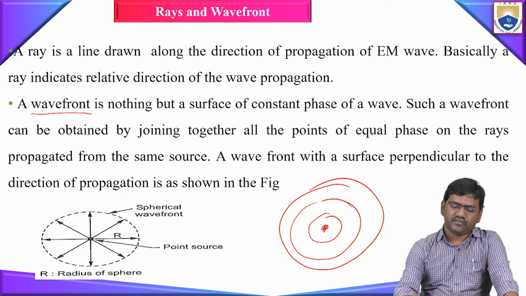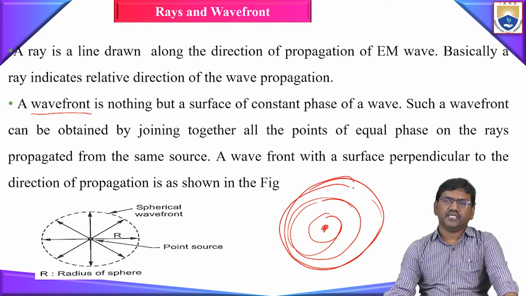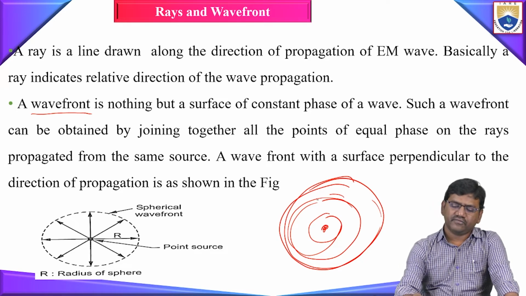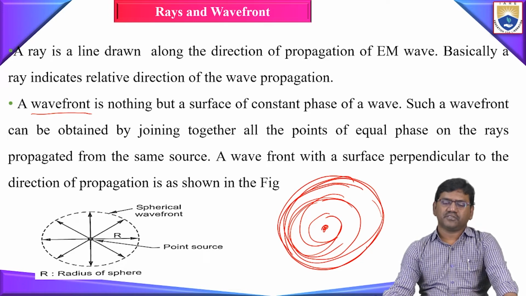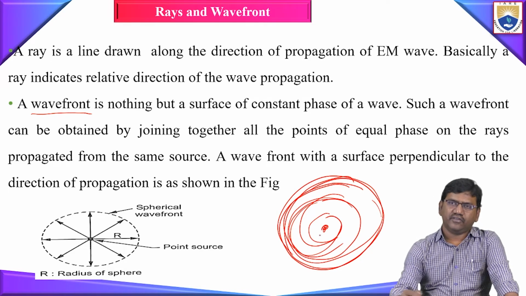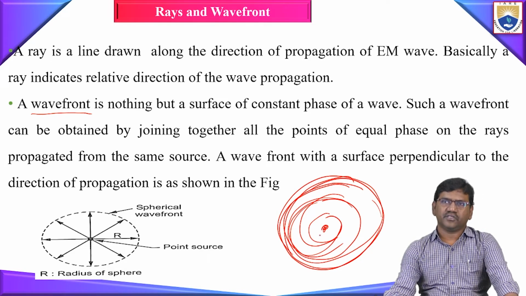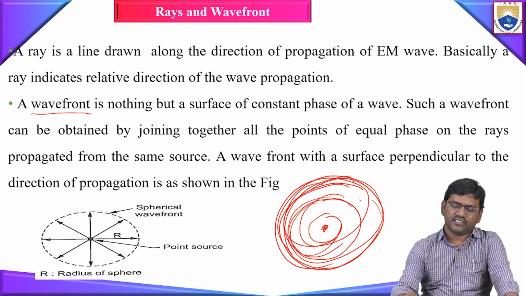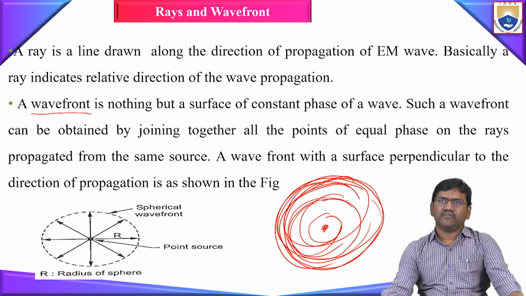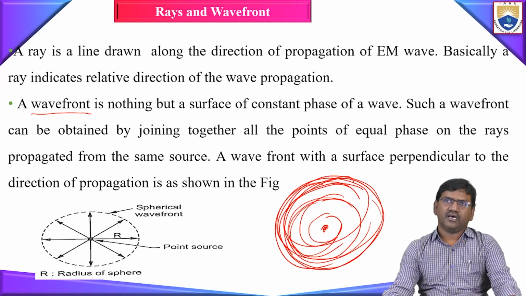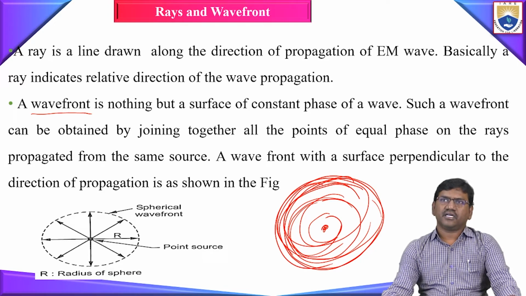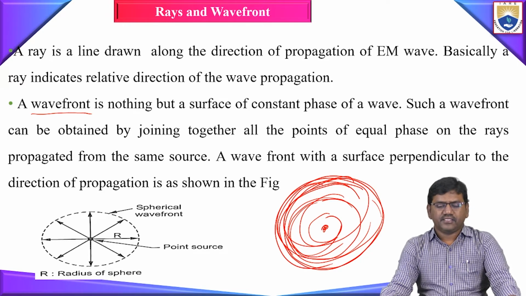These waves are at equal phase and equidistant from the same source, and they are circular. Hence, we call it a wavefront, a circular wavefront produced when a stone is dropped into the water. These are known as wavefronts, the waves produced from the same source at equal phase.